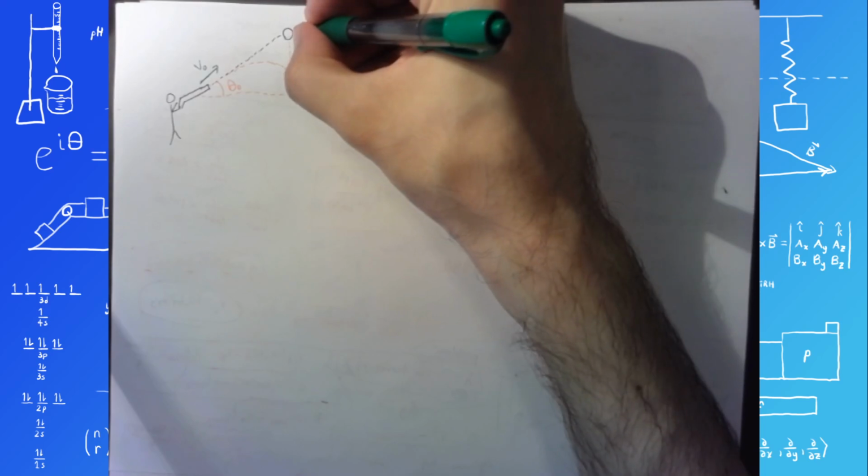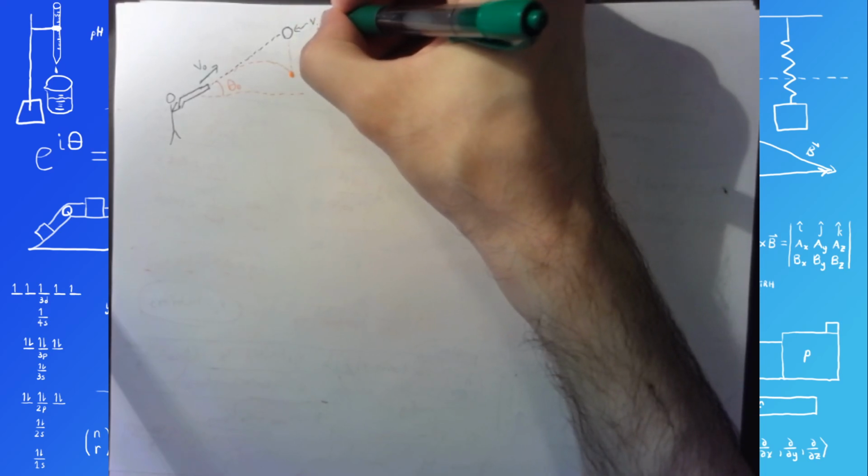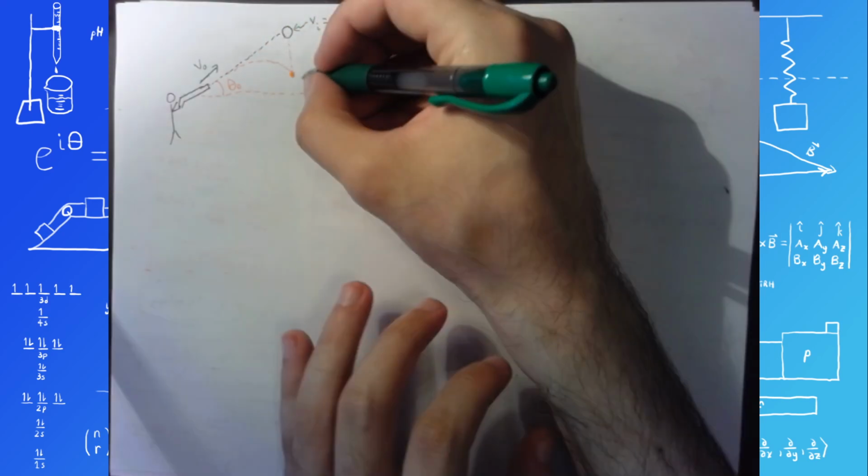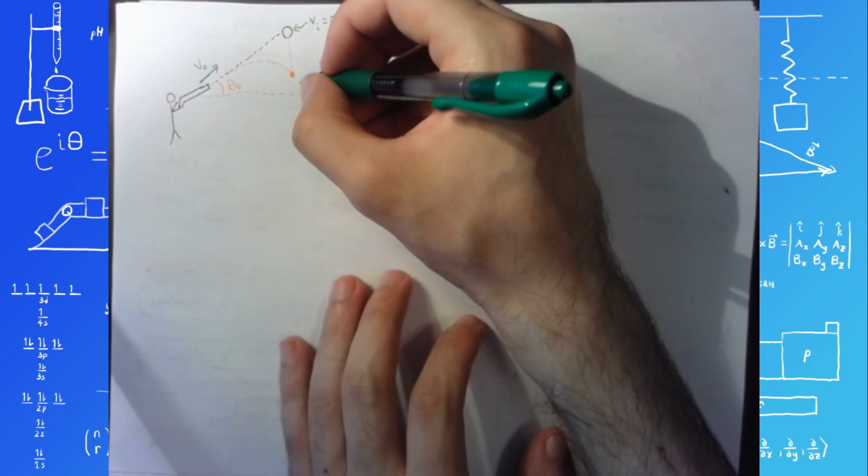They told us that this has V initial equals 0. And that's all we have. Well, what we want to do is figure out the final position of both objects.